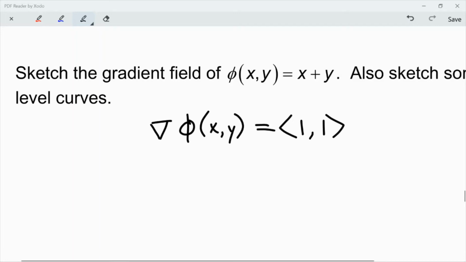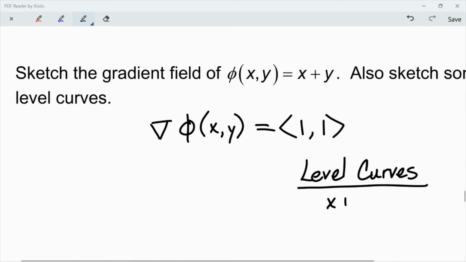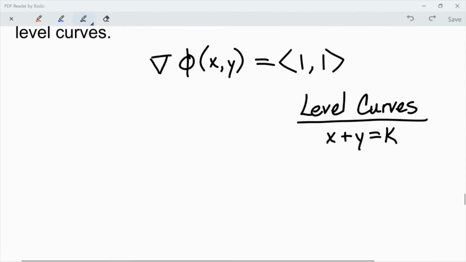So let's think about our level curves first. So we know we have this function x plus y. So to get my level curves, I'd be thinking about x plus y is equal to k. x plus y is equal to some constant. And then we can just use different k values.